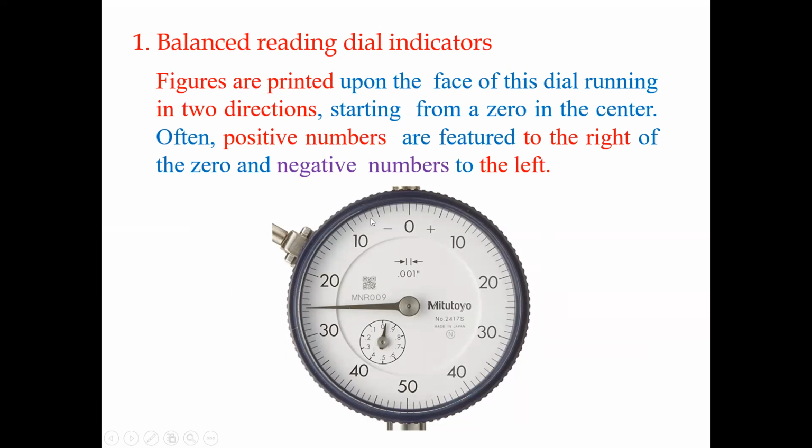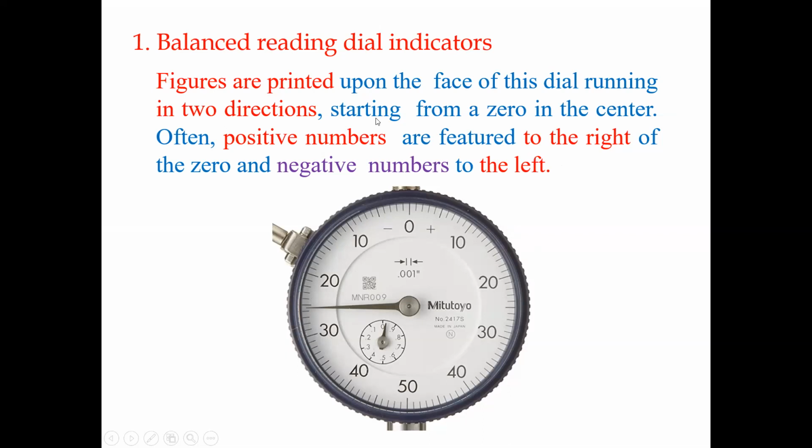Figures are positive to the right and negative to the left. So the figures are printed upon the face of this dial running in 2 directions. The dimensional figures are marked in the clockwise direction and in the anti-clockwise direction. Clockwise, on the right side, are positive figures. Going on the left side in the anti-clockwise direction, negative figures are marked.